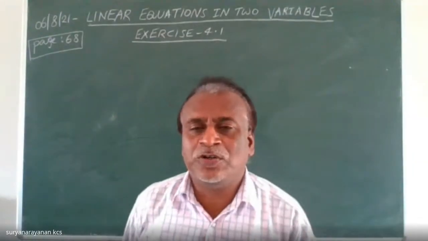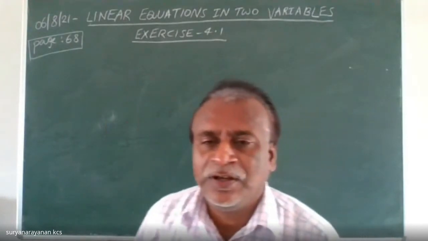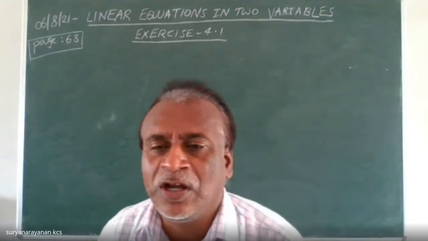Sir, ax plus by plus c equal to 0. ax plus by plus c is equal to 0, where a, b and c are real numbers and a and b both are not 0.